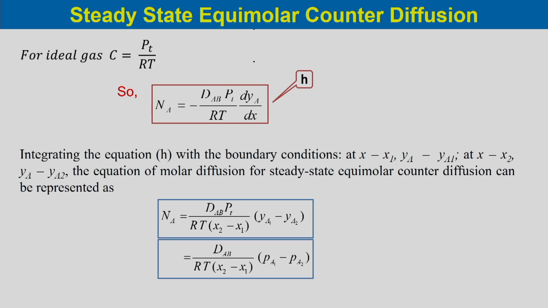So, from here if we rearrange, it would be DAB by RT (x2 minus x1) into (PA1 minus PA2), where PA1 is the partial pressure of component A at point 1 and PA2 is the partial pressure at point 2.